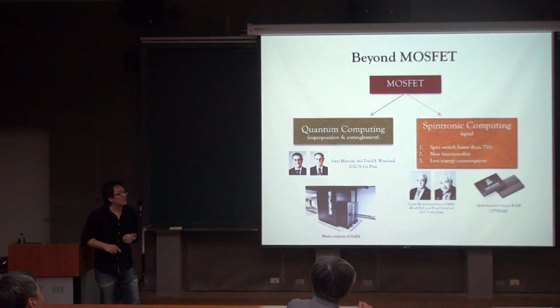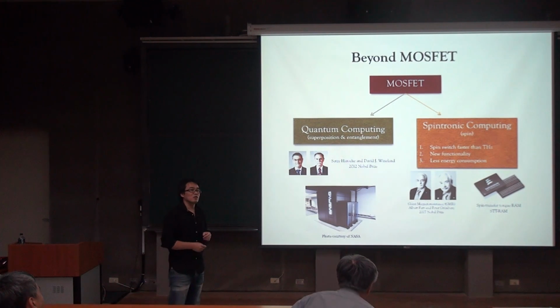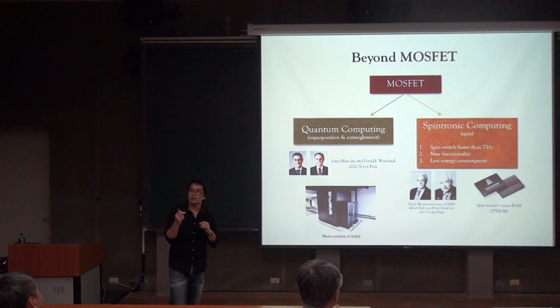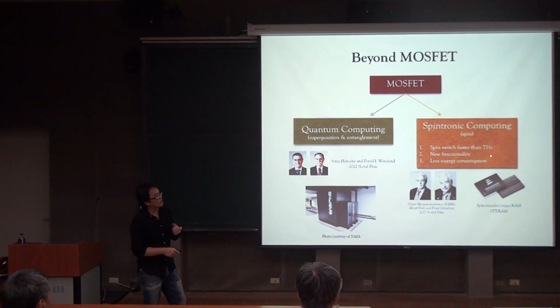That has some advantages, like the spin switch time is faster than terahertz. If you look at your mobile phone, the frequency is about 1 or 2 gigahertz. So if the switching time is terahertz, it could be thousands of times faster than the traditional MOSFET we are using right now.